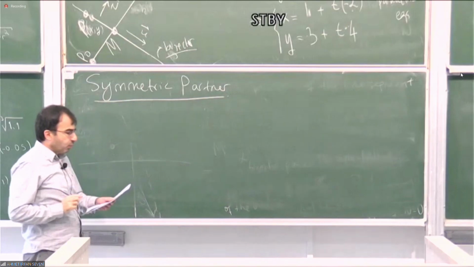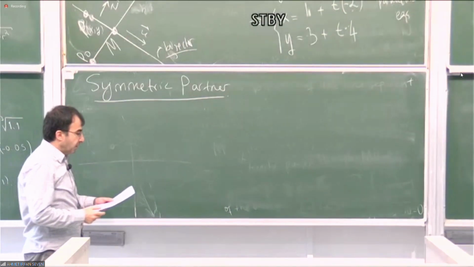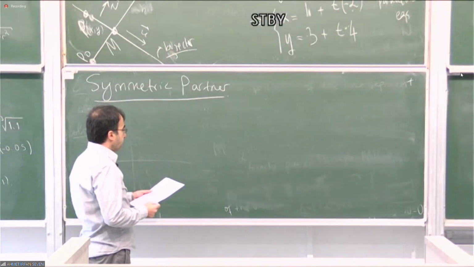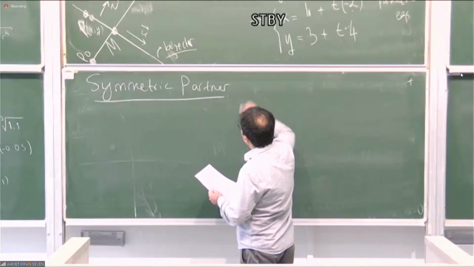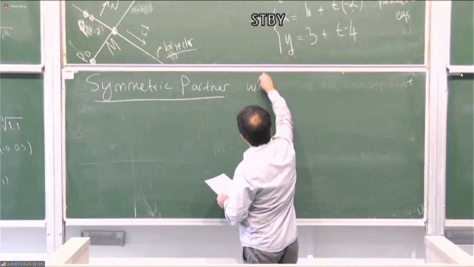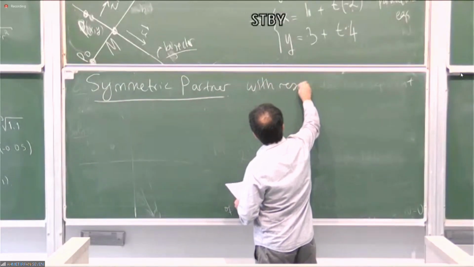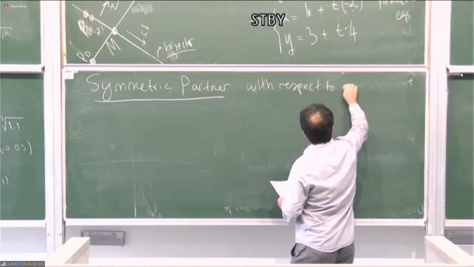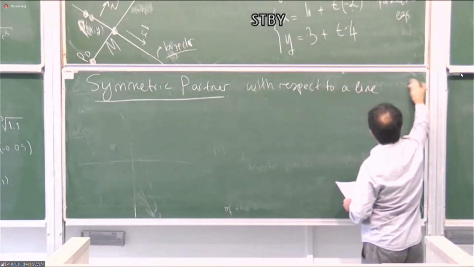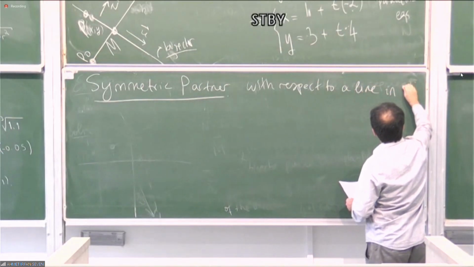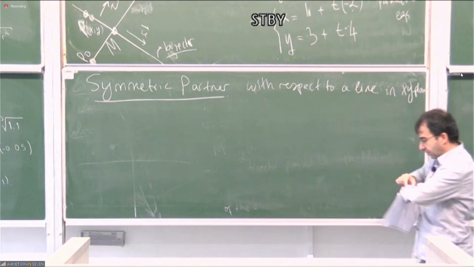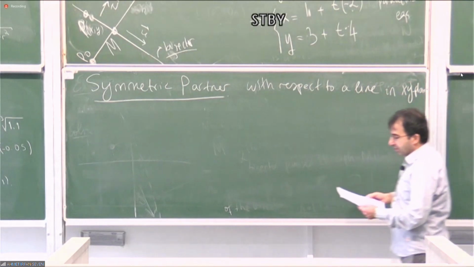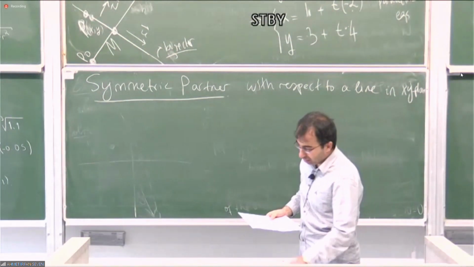So let's now discuss the symmetric partner. We will first do it for the symmetric partner of a point with respect to a line in the xy plane. So what is the problem here? It is the following.